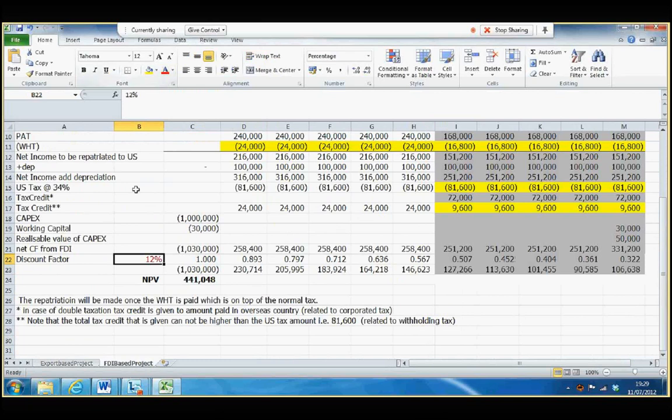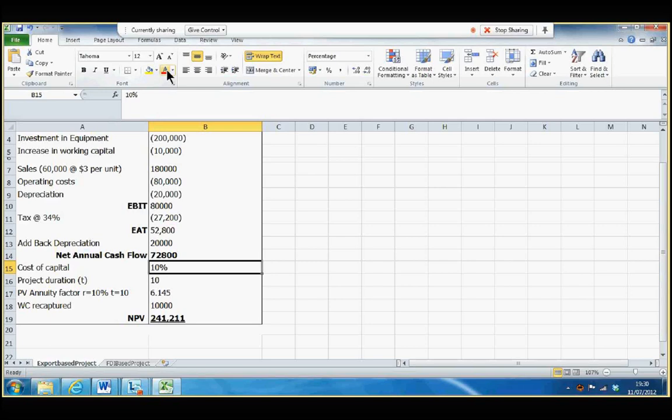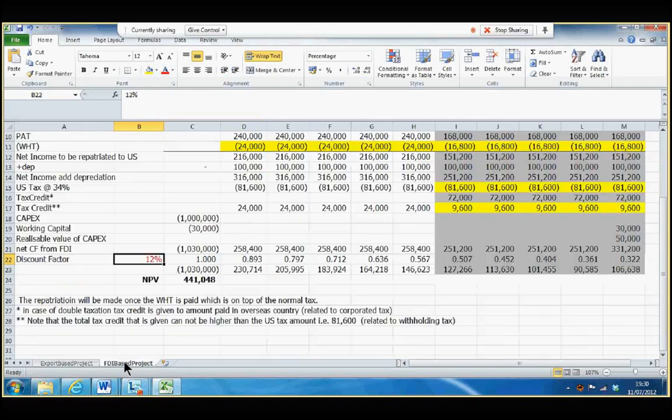Yes, this is where the concept of high risk, high return comes in, because the foreign direct investment is exposed to more risk of country risk, political risk, economic risk. So we have to use a higher discount rate of 12%. Yes, exactly. When the investment goes outside the boundaries of one country, there are those risks that have to be addressed. Therefore, the differential cost of capital.